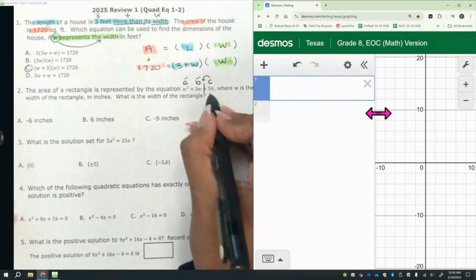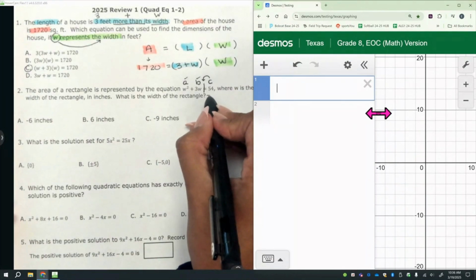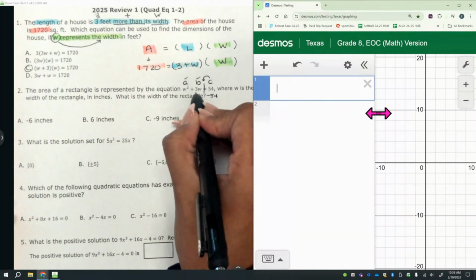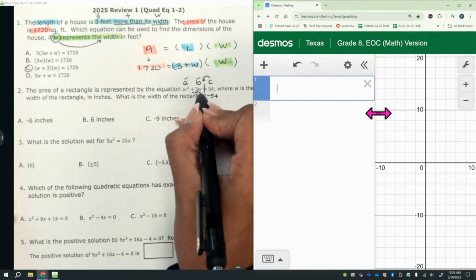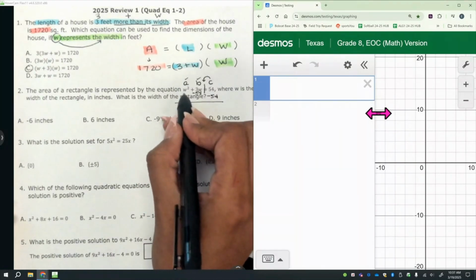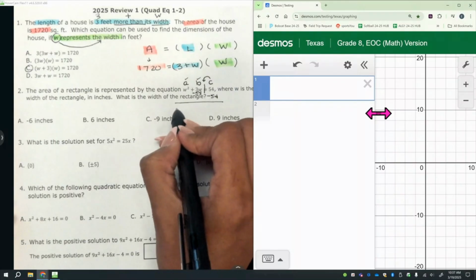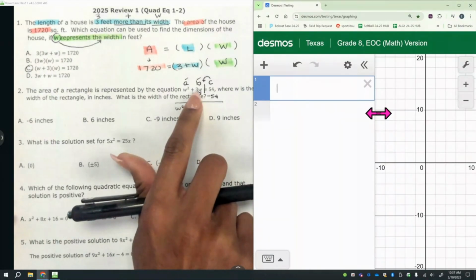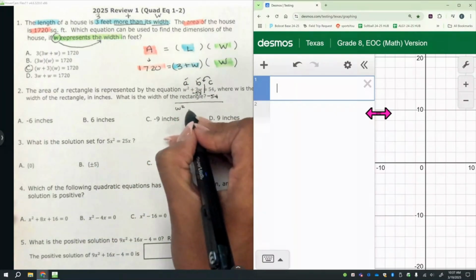So how do we move a positive 54? Negative 54. So we're going to take a negative 54 on both sides. So when I do that, we're going to rewrite the equation. A stays the same, W squared. B stays the same, 3W.